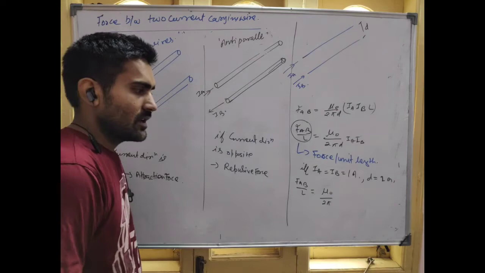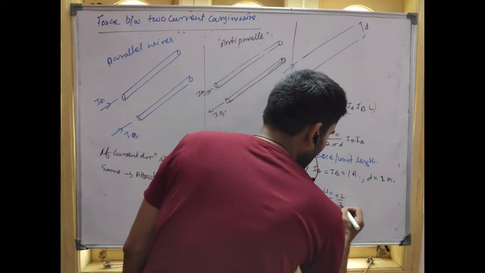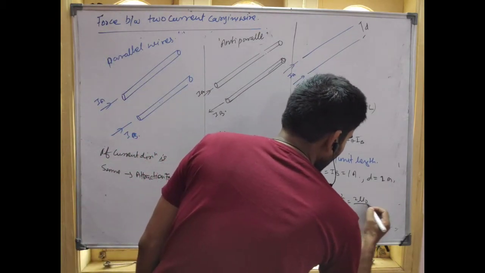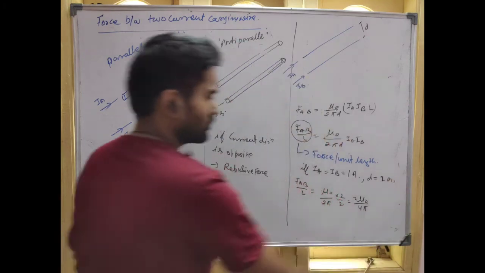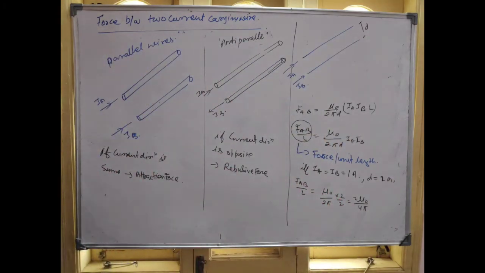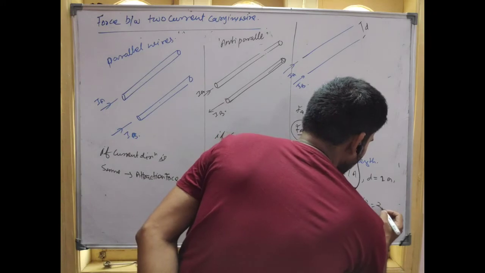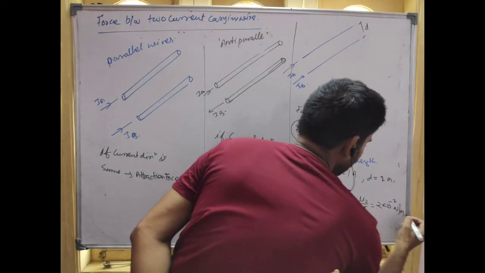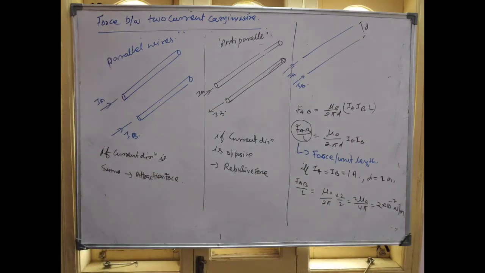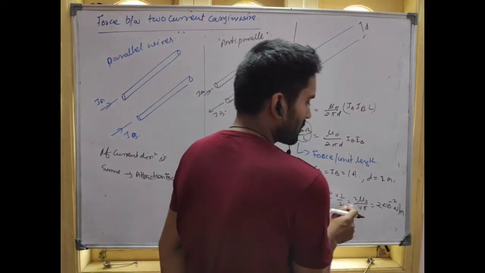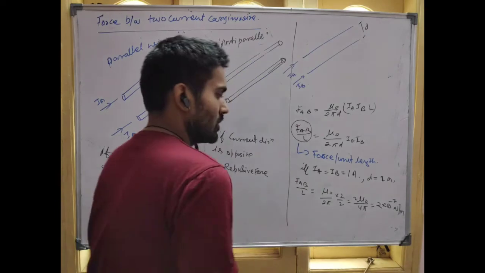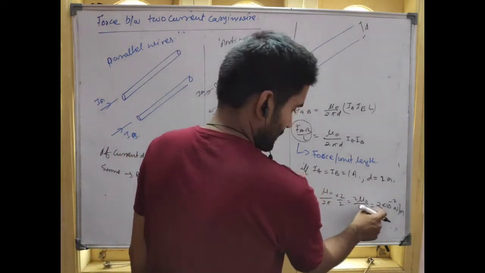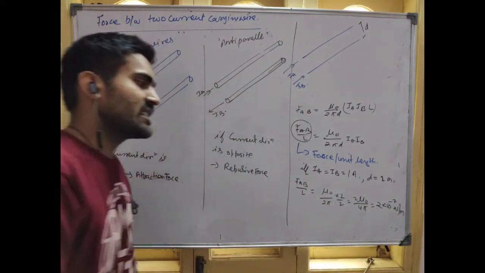If you multiply 2 by 2 and divide by 2, it will become 2 mu naught by 4 pi. Yes or no? So this will become this much Newton per meter, because mu naught by 4 pi is equal to 10 raised to the power minus 7. And 2 is there. So 2 into 10 raised to the power minus 7 Newton per meter.